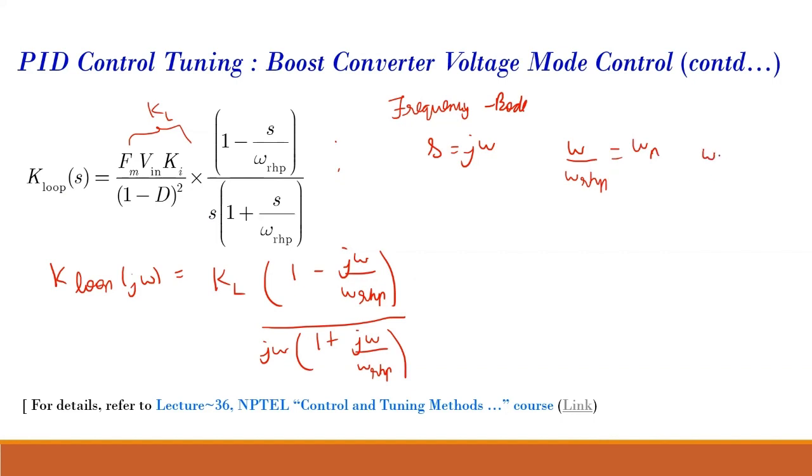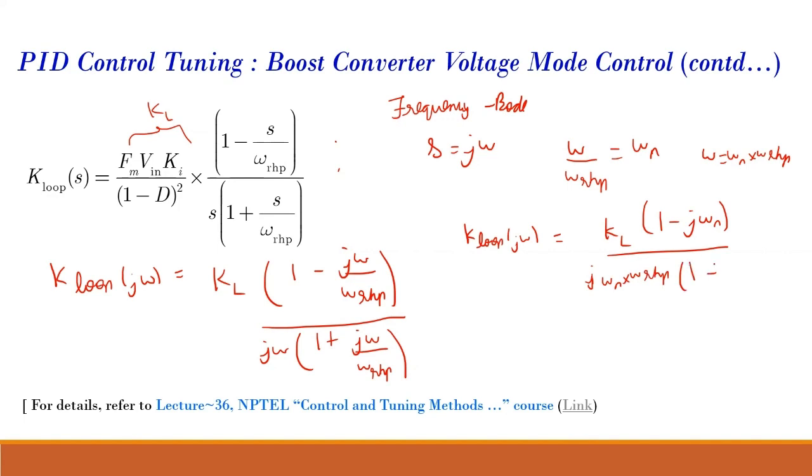So omega will be replaced by omega n into omega RHP. So my K loop of j omega will be equal to KL into (1 minus j omega n) by j omega n into omega RHP into (1 plus j omega n).